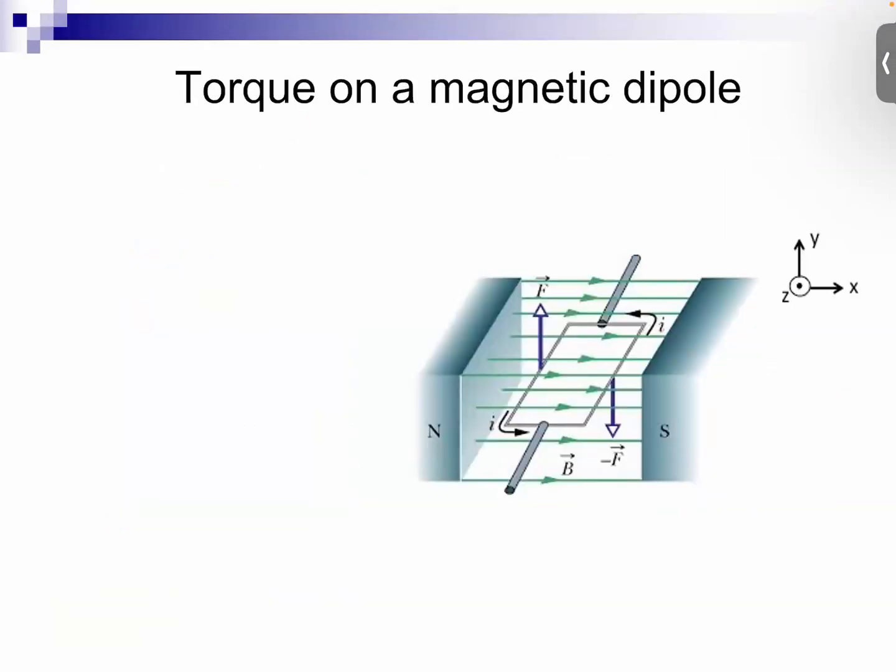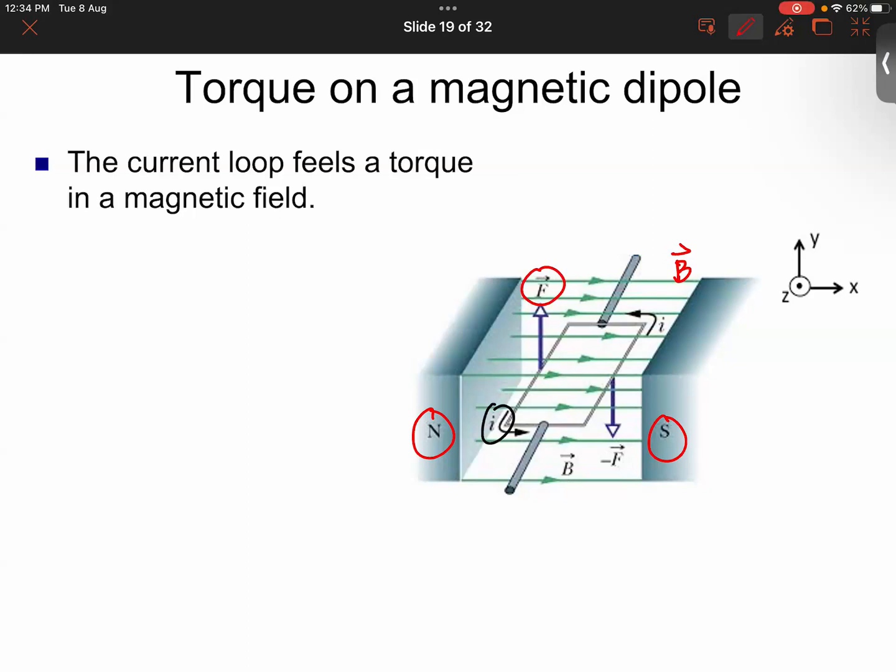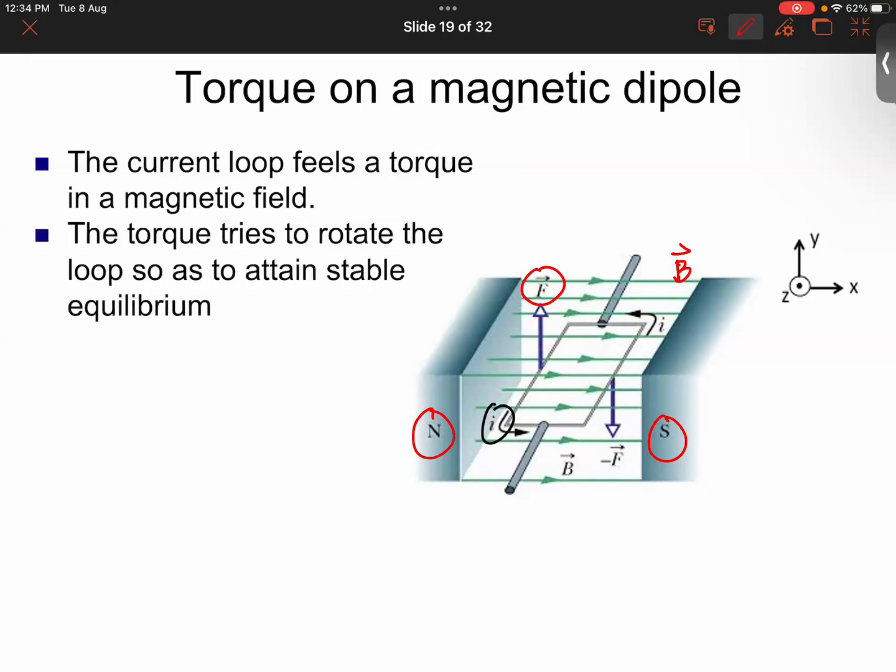Right. So what we've learned so far is if you have a wire with current flowing through it, and you put that current carrying wire in a magnetic field region, here you have two magnets, North Pole and South Pole, therefore there's a magnetic field there. We learned that there's a magnetic force exerted on this current carrying wire, and that magnetic force will tend to rotate this wire, so there is a torque experienced by the wire in this magnetic field region.